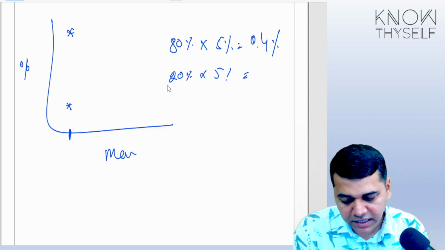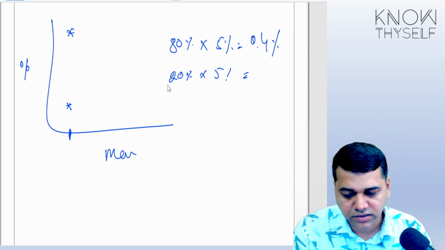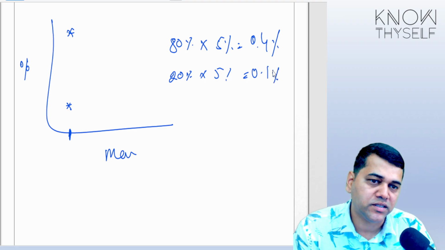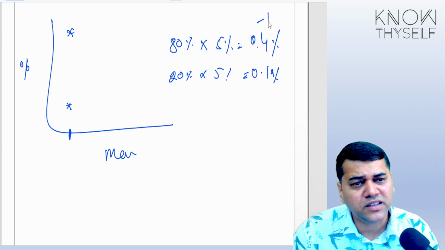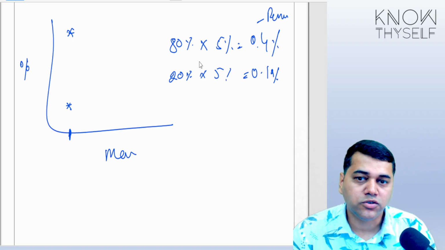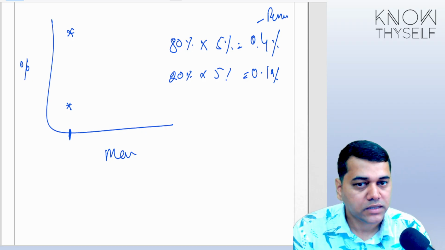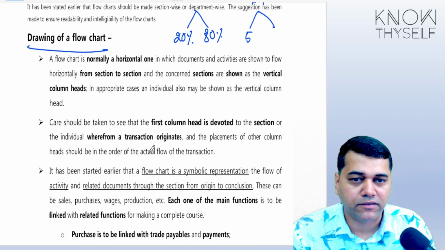And if I multiply 20% into 0.5%, it is 0.1%. You see, this is 0.4%, 0.5%, which is remote. So that's why we can ignore it. That's why I'm telling you. Otherwise, it looks very high. But I will explain in my own language.